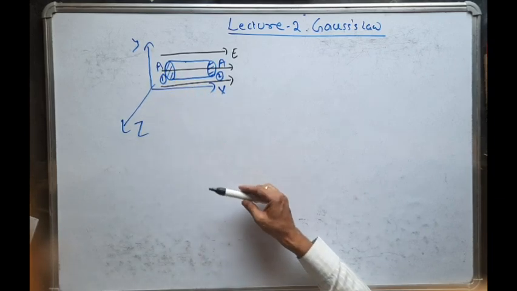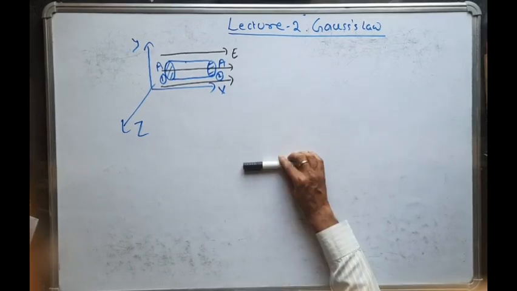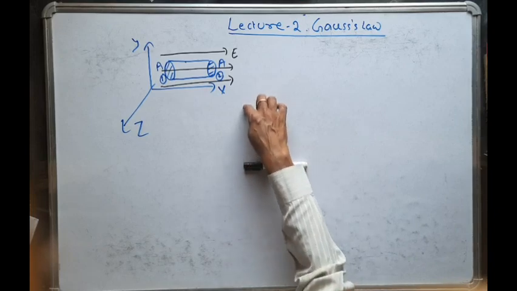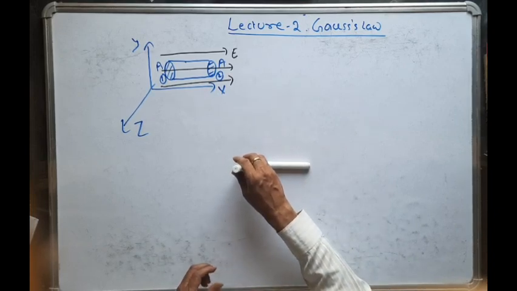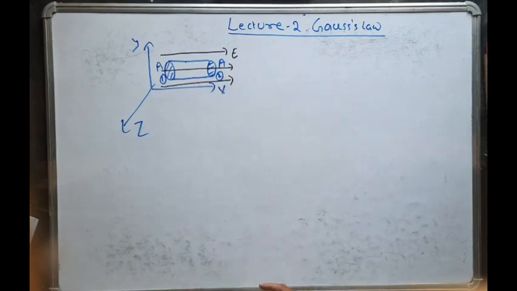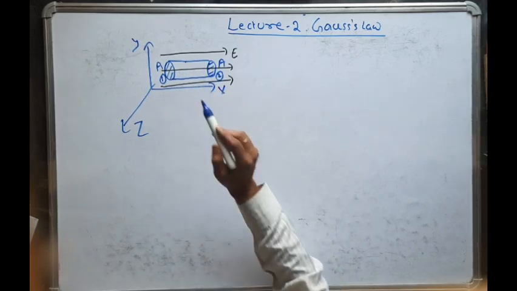The Y and Z plane. This is my cylinder, and it is in the Y and Z plane, and the electric field is along the X-axis. So we will find the total flux coming from this closed cylinder.